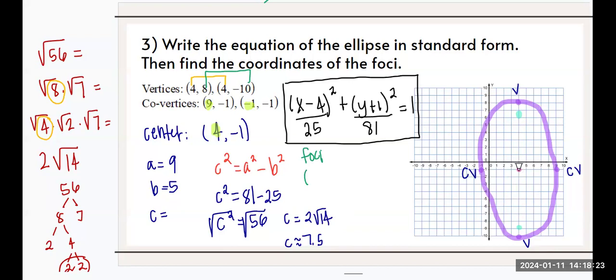Okay, so because we are going up and down from the center, which the center is 4, -1, the y coordinate is going to change. So the x coordinate is still 4.